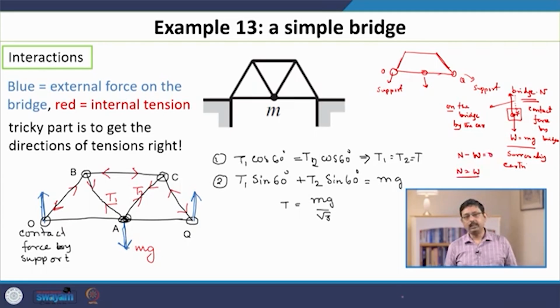This is the magnitude of the contact force, and hence we know the magnitude of the force on the bridge by the car, which is also W, that is mg, and the direction must be downwards.